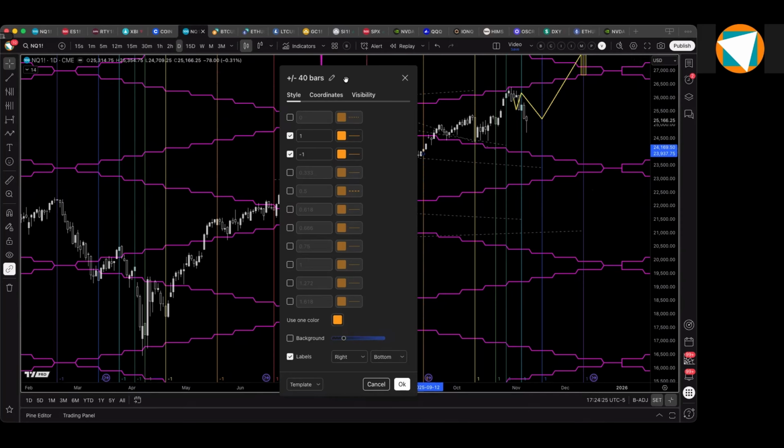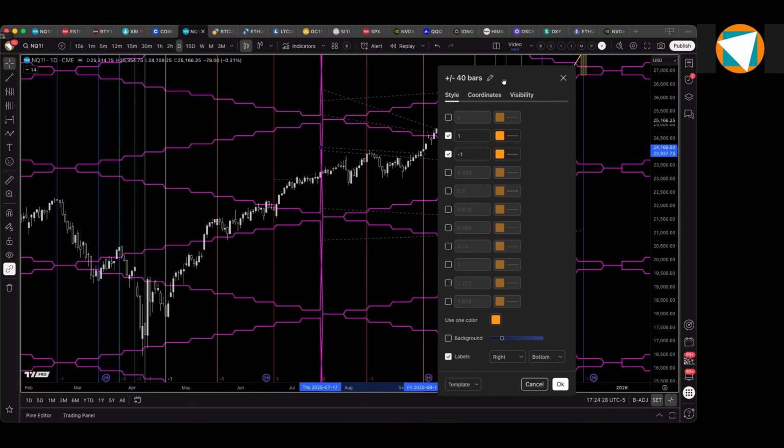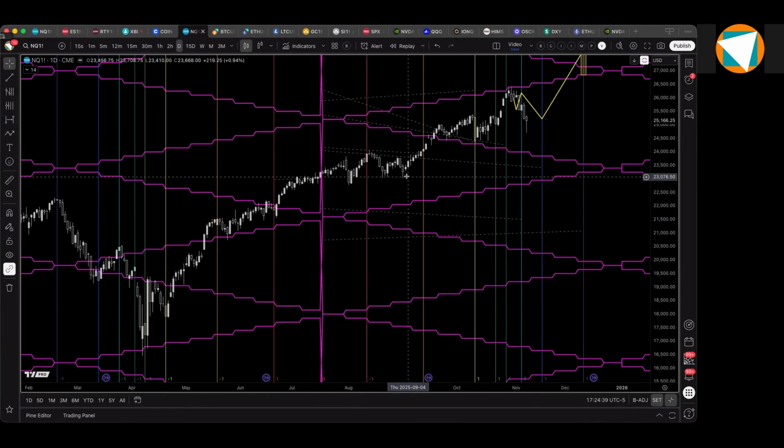Orange doesn't mean anything. It's just plus or minus 40 bars. The other thing I do to help keep myself from being confused with all of these lines is I name these Fibonacci time periods and give them plus or minus 40 bars. So I'll measure it using the time period measurement tool and then name the Fibonacci time series.